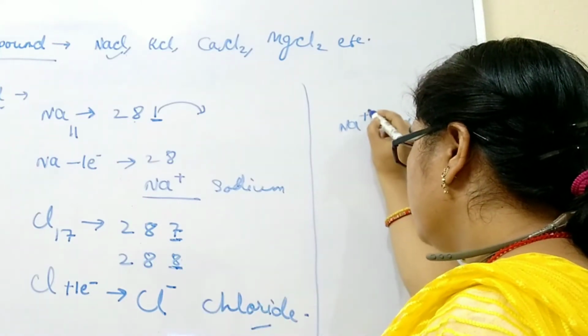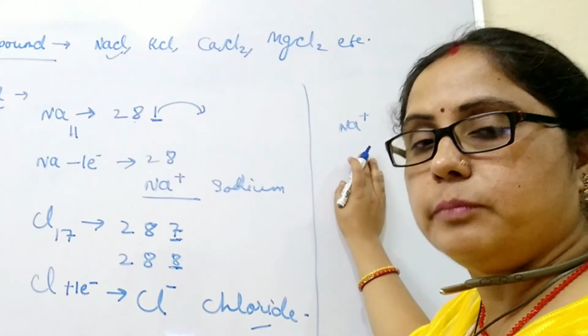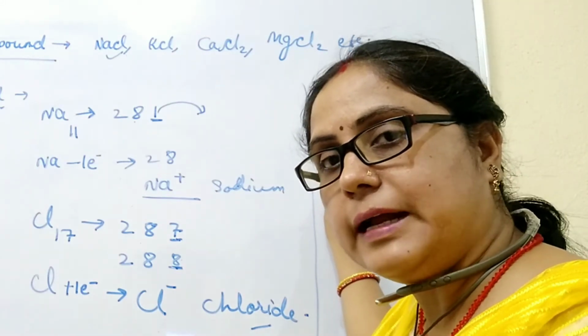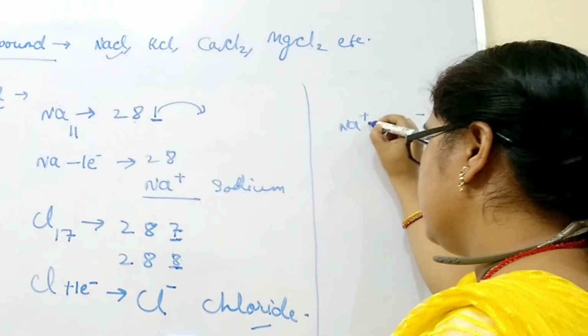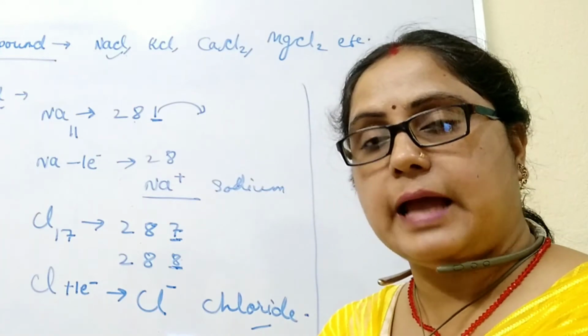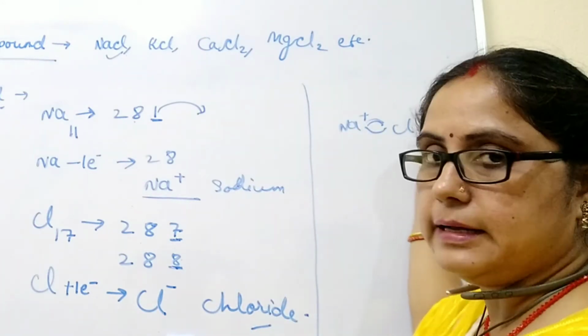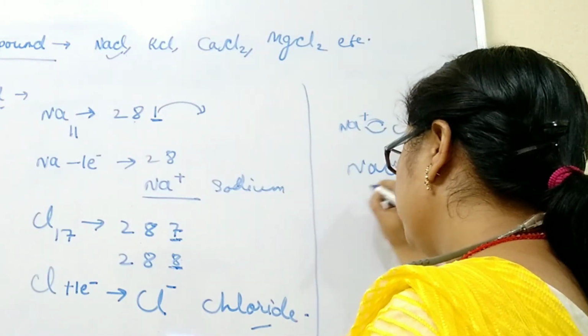These two are oppositely charged ions, so they attract each other by a force, and that force is called the electrostatic force of attraction. In chemistry, that is called a bond. So there is a chemical bond between the Na plus ion and the Cl minus ion, and they form the compound NaCl.